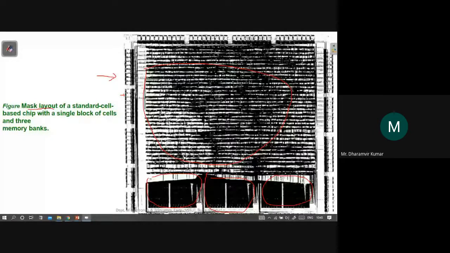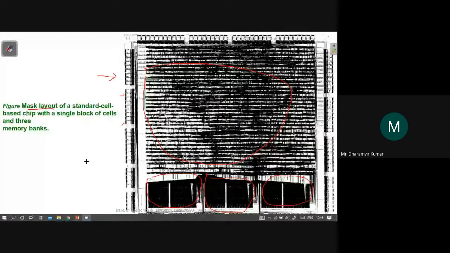They are present on the periphery, so there must be some kind of input and output pins. And this dense black block may be a memory bank. And this, which is not so dense but has some kind of horizontal lines, may be the area where the actual cells from the library are placed.